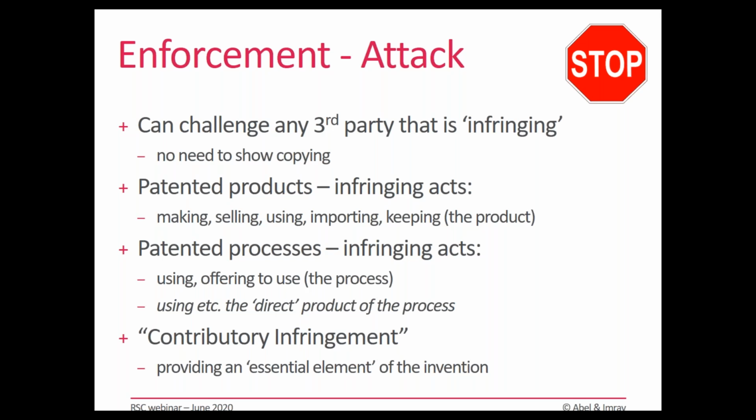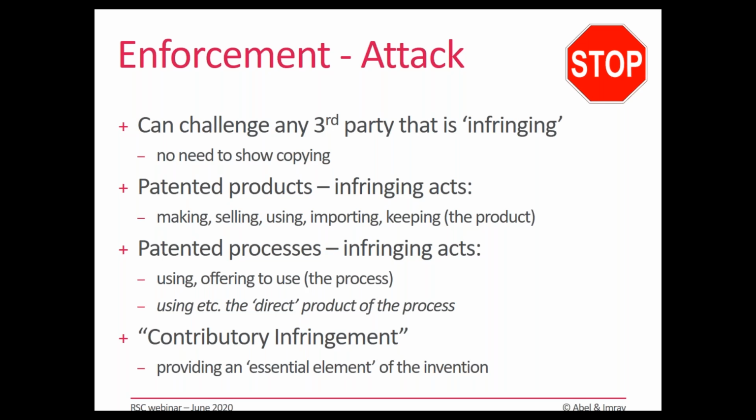There's a type of infringement called contributory infringement, and this is where a third party might not be supplying the invention as a whole, but they are knowingly supplying an essential element of the invention. So an essential element is something which is needed to make the invention work.